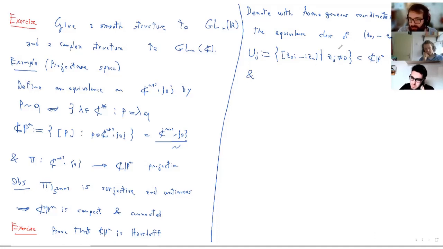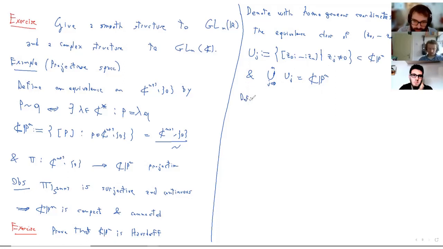And of course, the union over j from 0 to n of the Uj's is the whole of CPn. So in particular, this is an open covering, which makes it a good candidate to be charts.